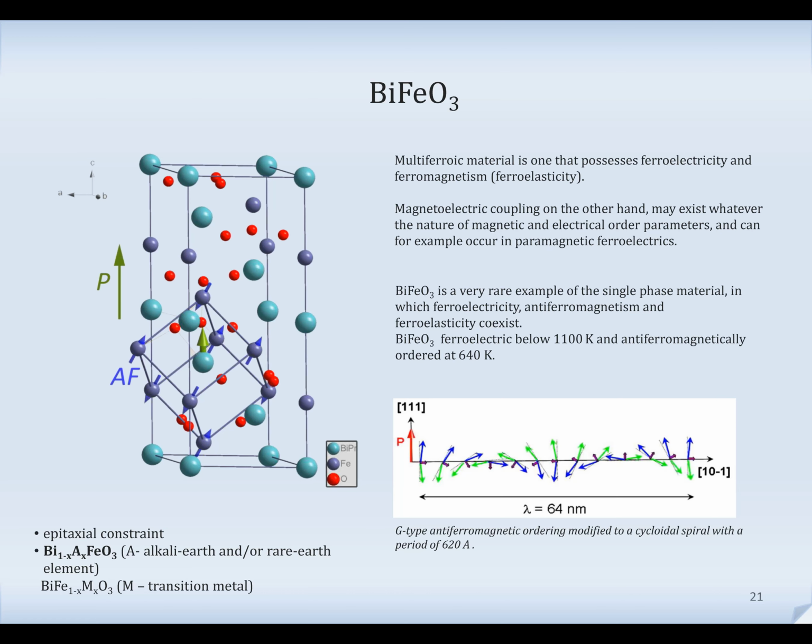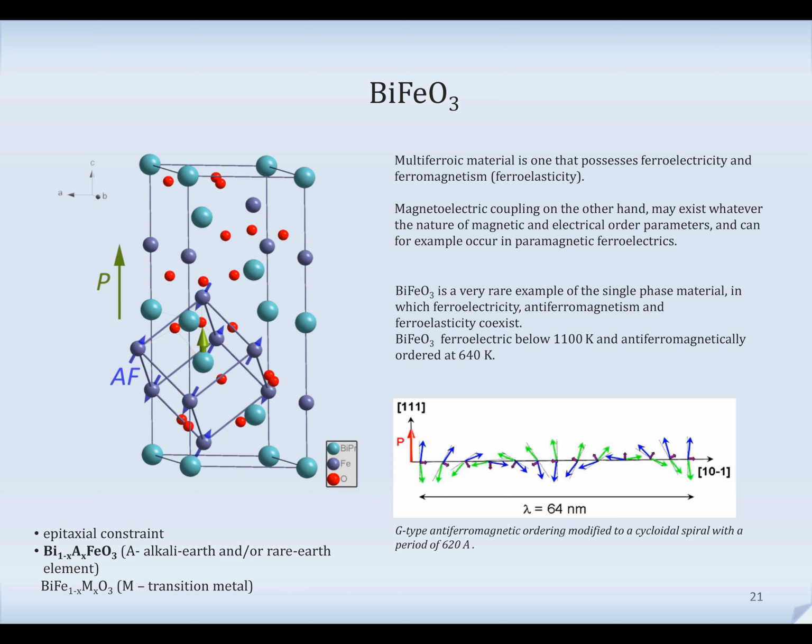And how to improve? What does improve mean? To release remnant magnetization and to keep polar order, to keep polarization, and to get magnetic remnant magnetization. How to reach this?